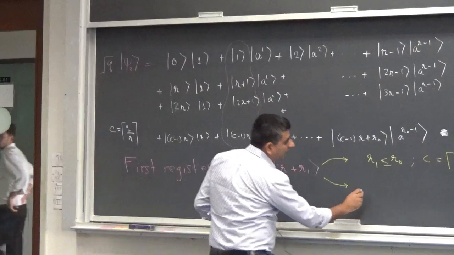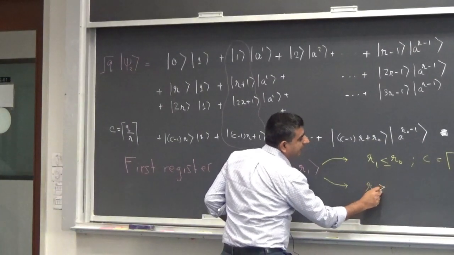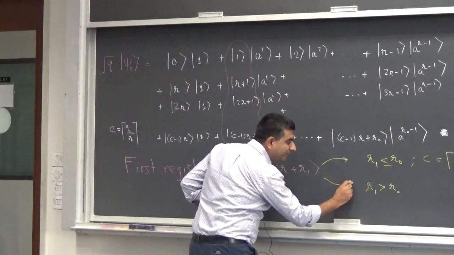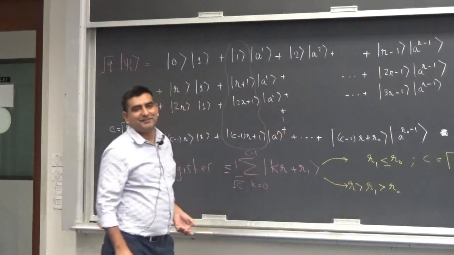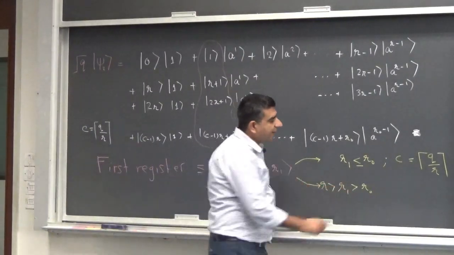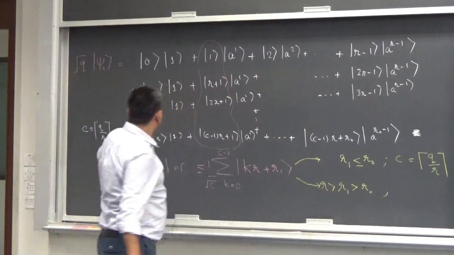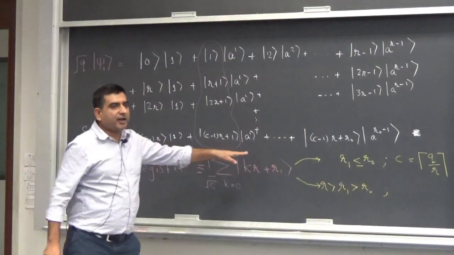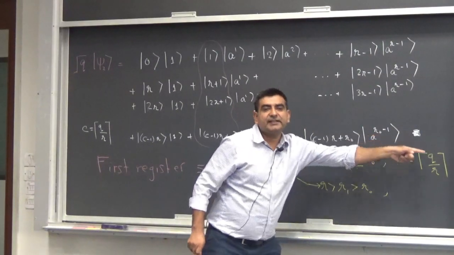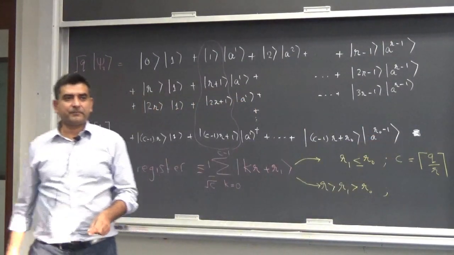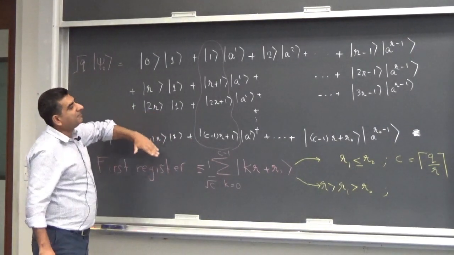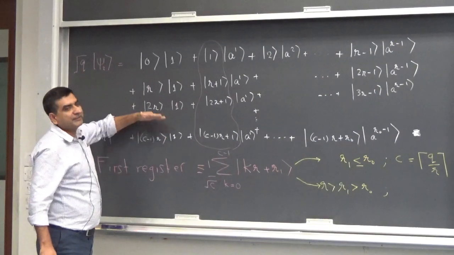And if my r1 is greater than r0, of course my r1 will always be smaller than r because of the periodicity of the function. But if my r1 is greater than r0, then I don't have the luxury of going to the last row of this array, because such an r1 doesn't exist in this last row. Therefore, I have to terminate before the last row, in the second last row.